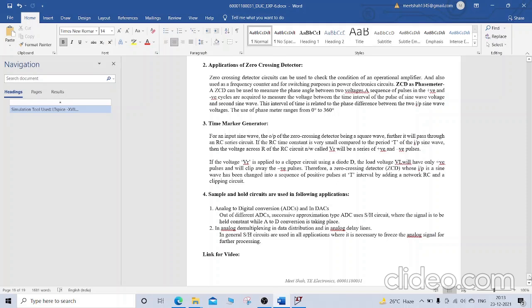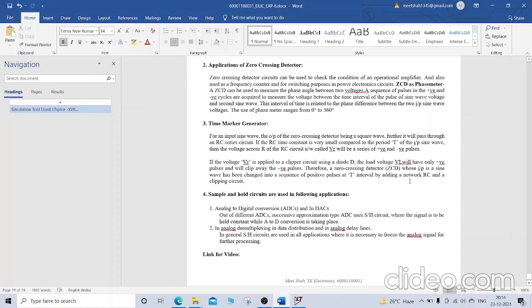If the voltage VR is applied to a clipper circuit using a diode D, the load voltage VL will only have positive pulses and will clip away the negative pulses. Therefore, a zero crossing detector whose input is a sine wave has been changed into a sequence of positive pulses at T interval by adding a network of RC and a clipping circuit.